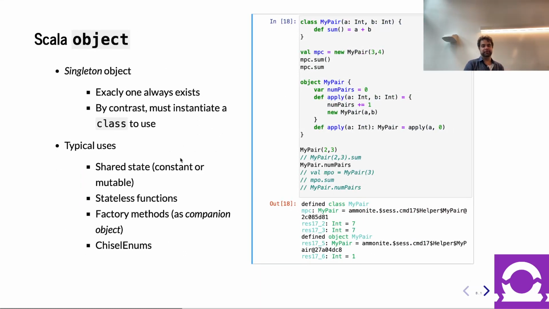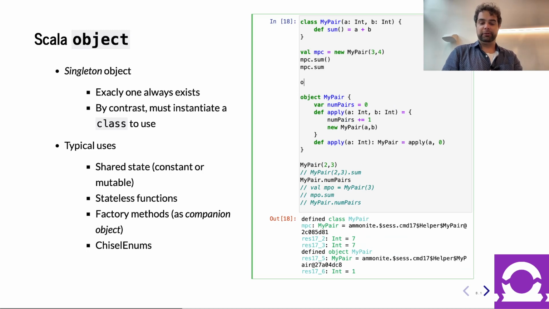We just showed an example of companion objects implementing factory methods. The others that we've already seen are the chisel enums, right? Remember we did chisel enums earlier on, and we said object whatever you wanted. Object my enum extends chisel enum.